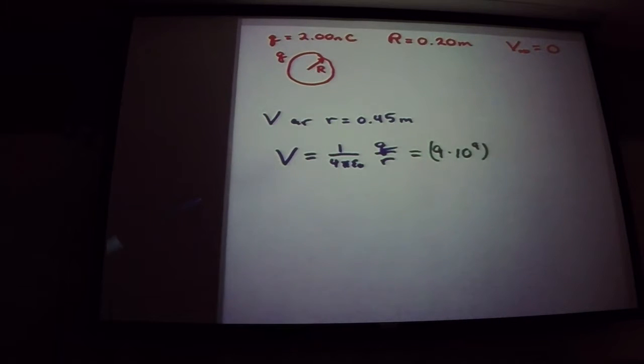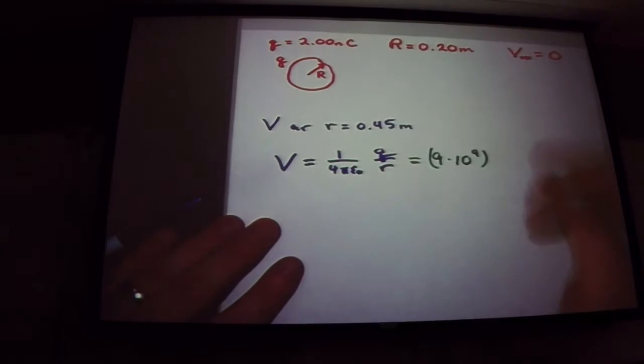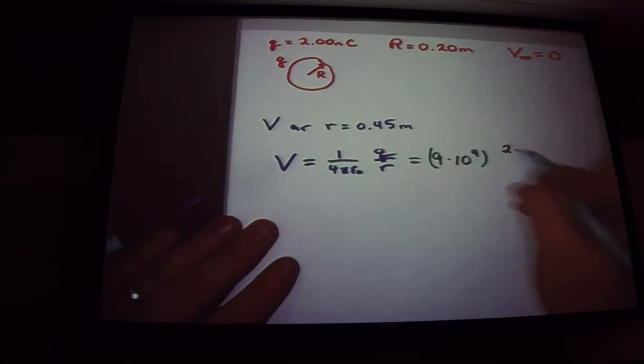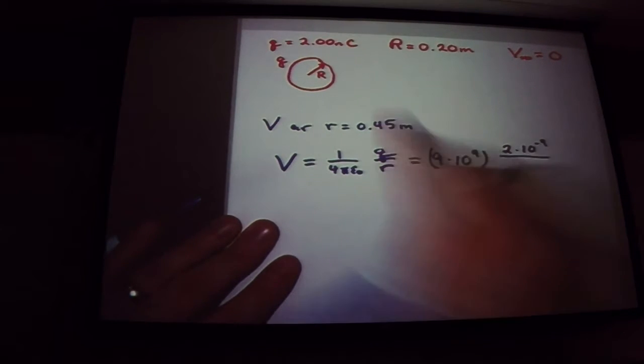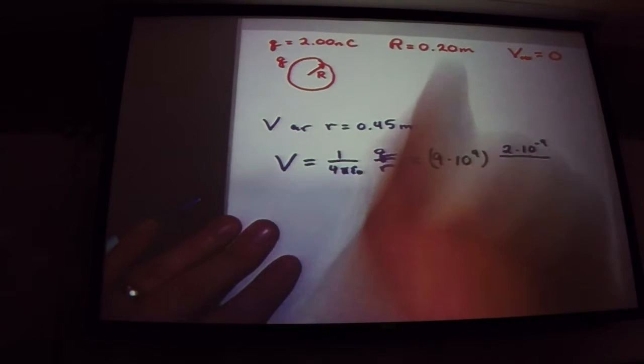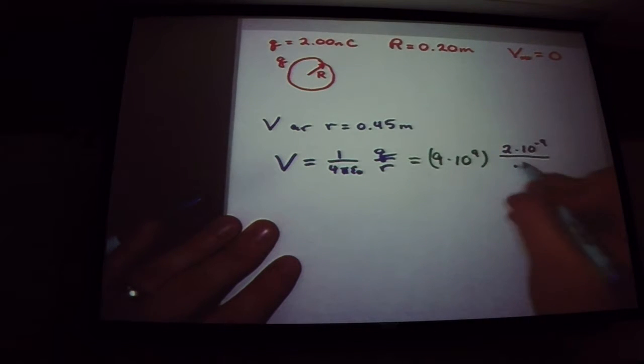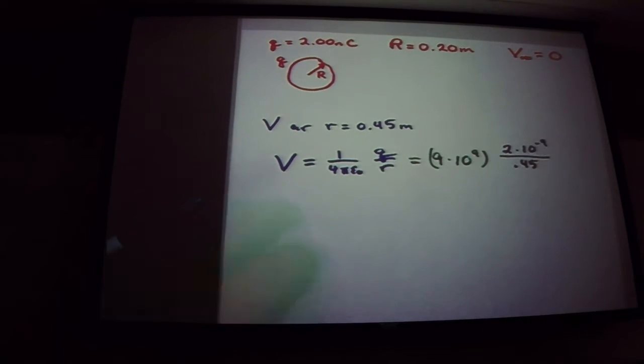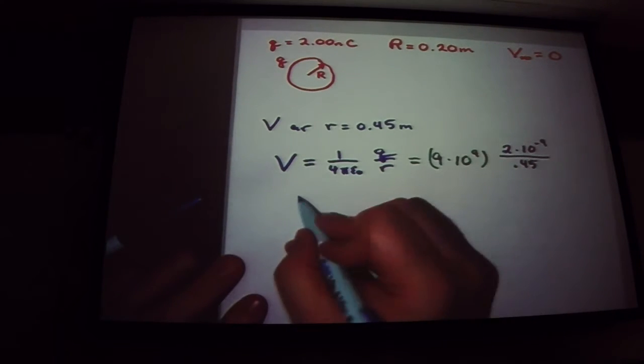All right, and times Q, which is 2 nanocoulombs. What's nano? Negative 9, divided by my R, which is, whoops, not that R, this R, 0.45. Okay? So what do you get?